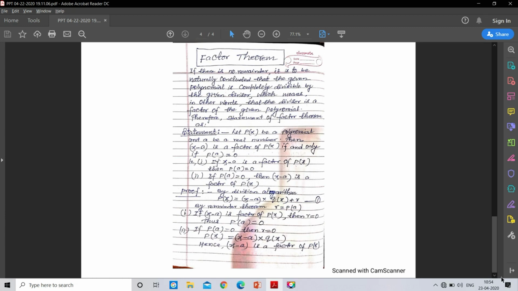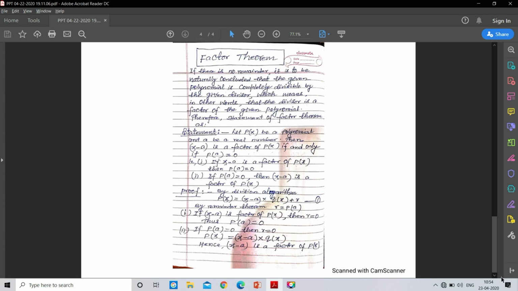Now you see the factor theorem. If there is no remainder, it is naturally concluded that the given polynomial is completely divided by the given divisor, which means, in other words, that the divisor is a factor of the given polynomial.